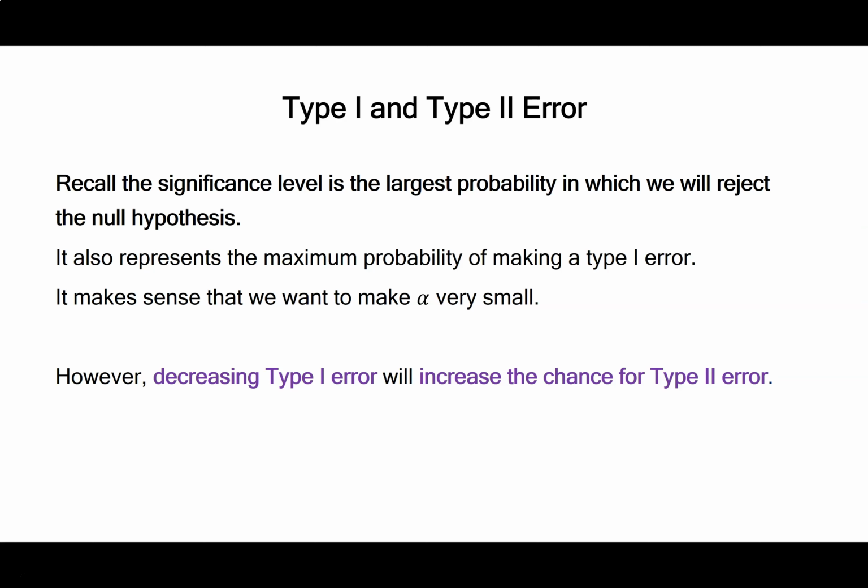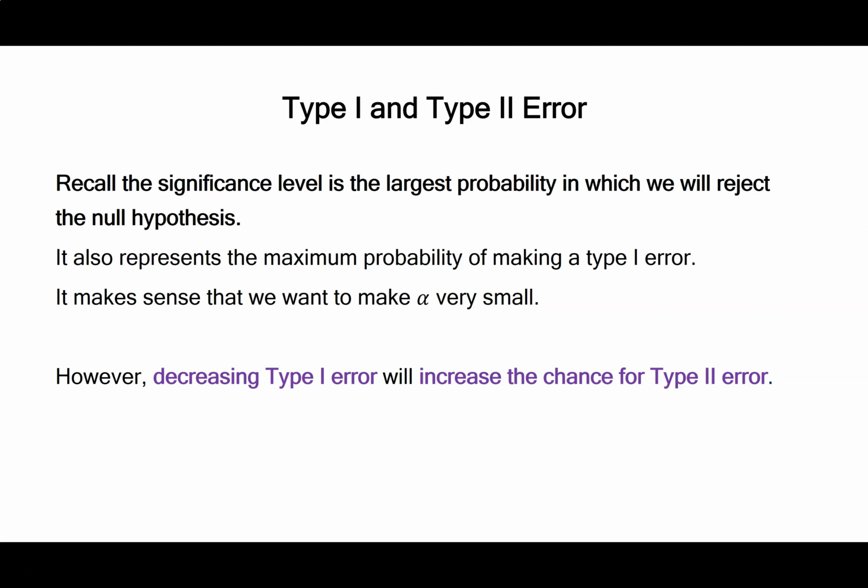If you make your type 1 error bigger, you make your type 2 smaller. So it depends on the context: which one's worse? If you have one that's worse, you're going to want to make that one smaller. It's not like one is always worse. It changes from situation to situation.